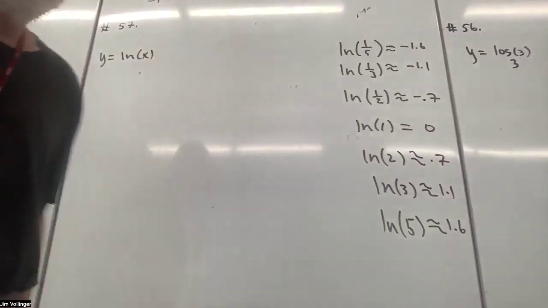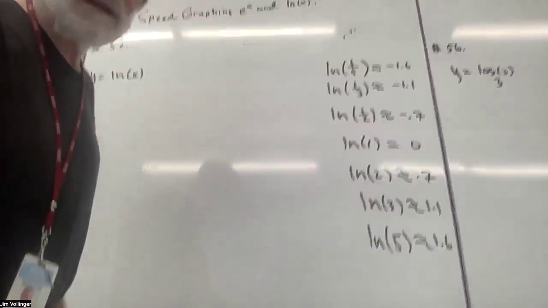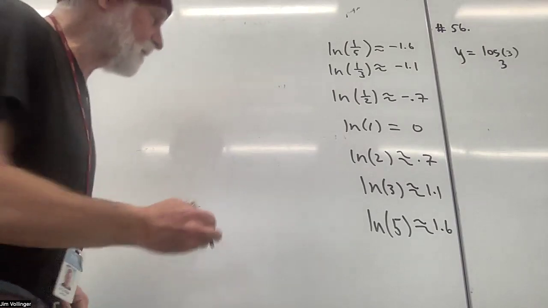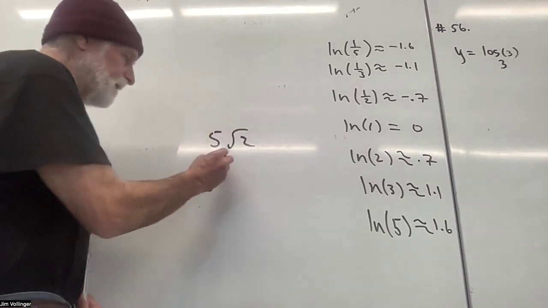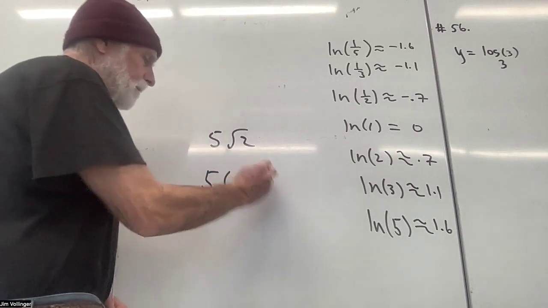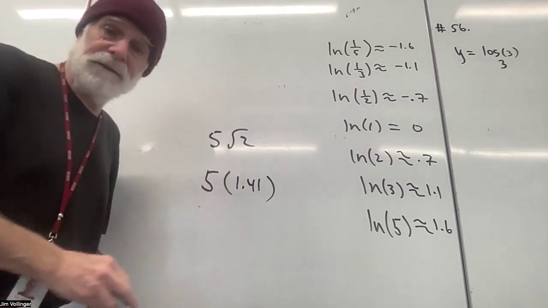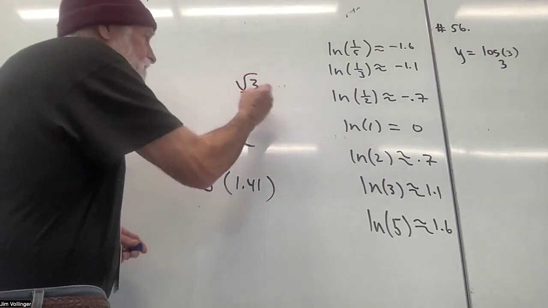All right, so I handed out a memorization sheet the very first day of class, and I said you need to know these values. I know people haven't been looking at it because I asked 5√2 on the test, and people were not able to say 5 times 1.41 and do it out. Okay, so they're going to be on the test, because you're going to start working with numbers like this.